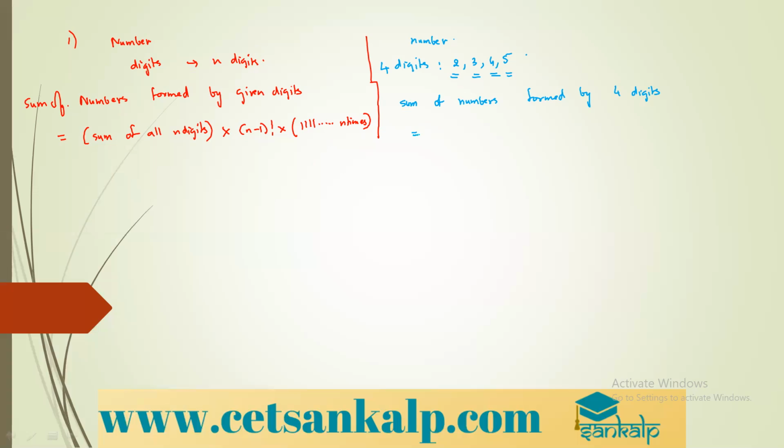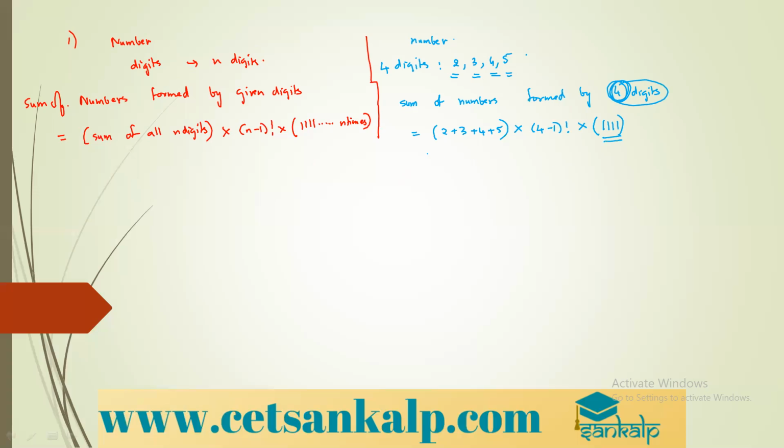So how will you find it? First, you will take all the digits which are given and add. Then you will multiply with, because you are given 4 digits, 4 minus 1 factorial. Then you have to multiply by a number which has 1 four times, because 4 digits are there.